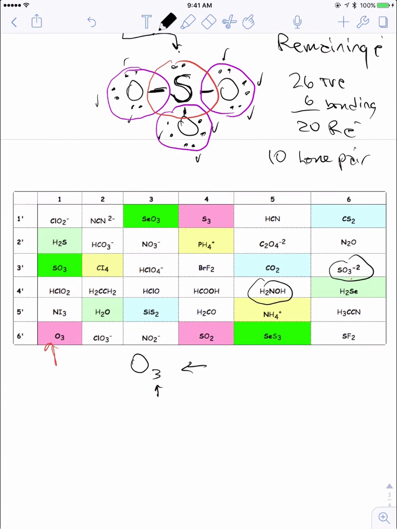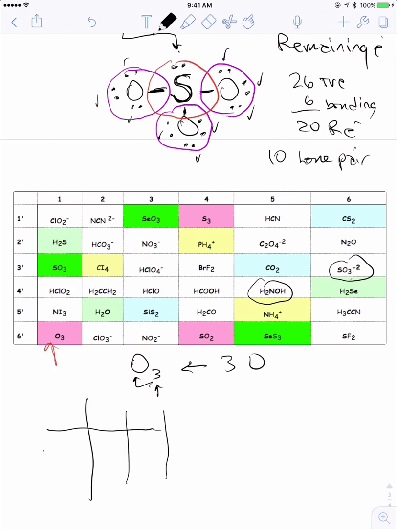Remember the 3 here? Whenever you have a subscript in a formula, it indicates that that many of the element before it. So we have 3 oxygens. When I do my bond table, by the way, there's a tutorial on my website on how to do Lewis structure. So if you need to brush up on this, look up my tutorial.